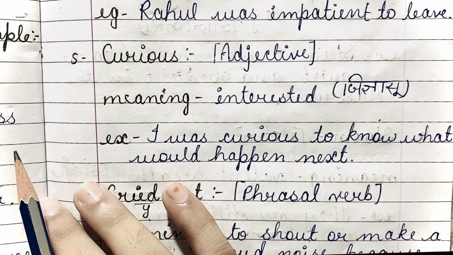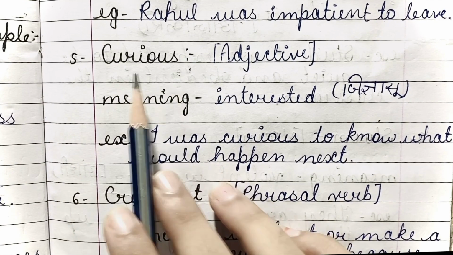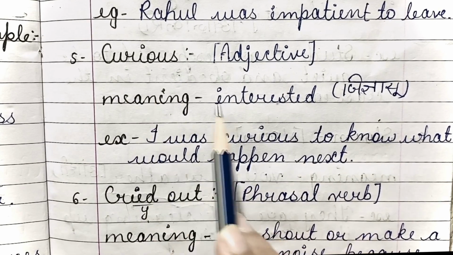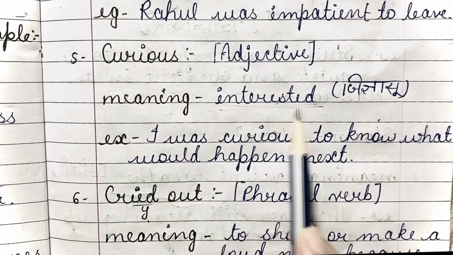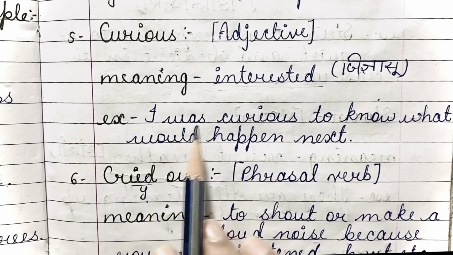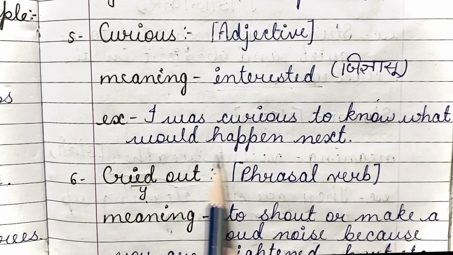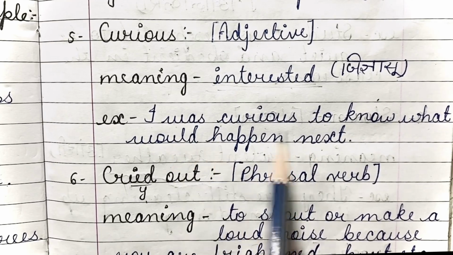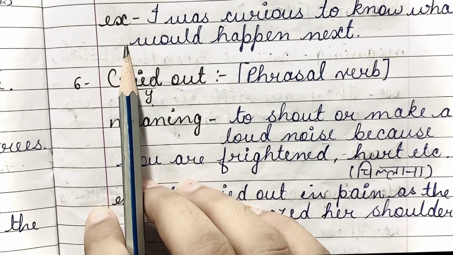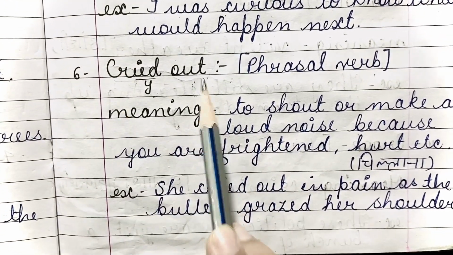So the next word is curious, and curious is an adjective and the meaning of curious is interested, jigyasu. The example for this word is: I was curious to know what would happen next. Come to the next word, cried out.